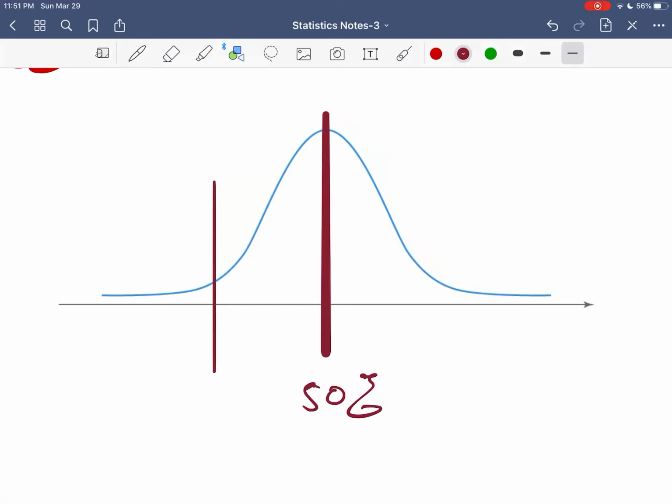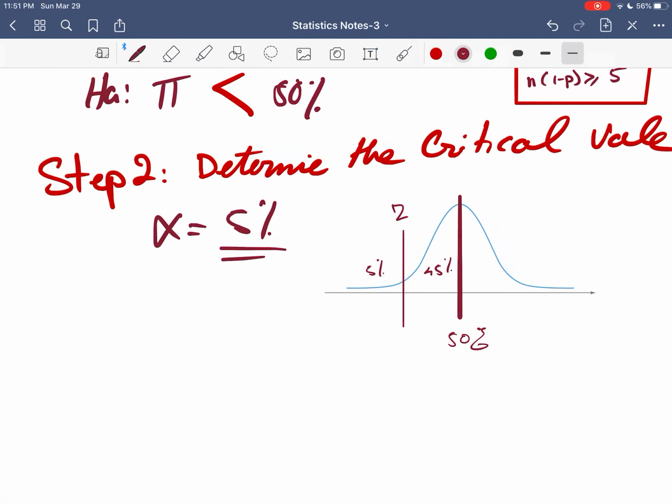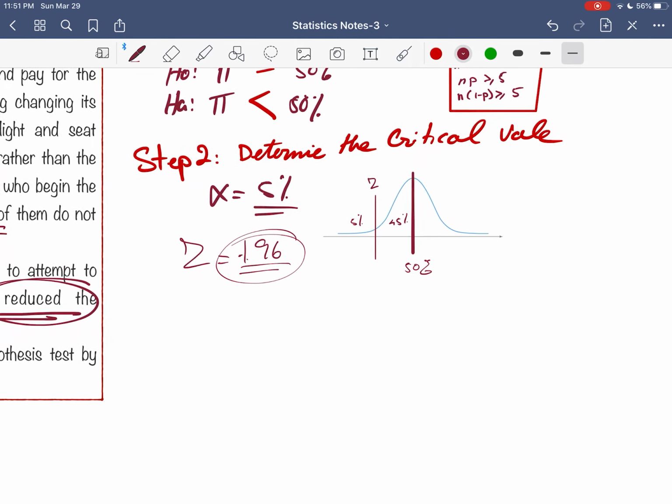We need to figure out what this is. And if this is 5%, this has to be 45%. And so if you look this up in the table, Z is going to equal 1.96. Again, we've seen this number before. Or negative 1.96. Make sure that you keep the negative signs in the proper order.